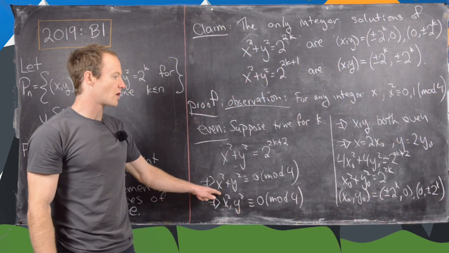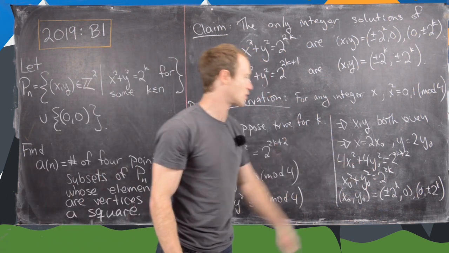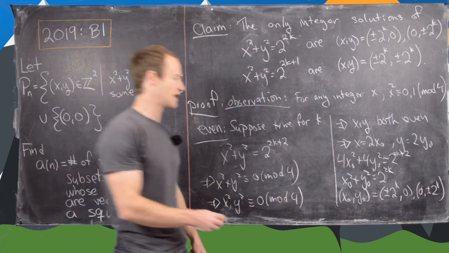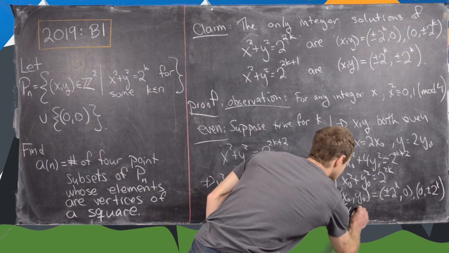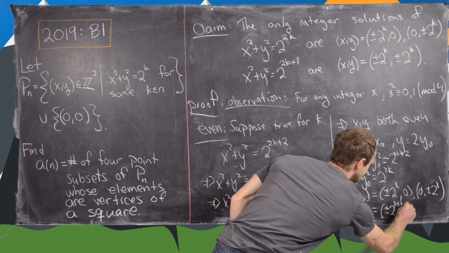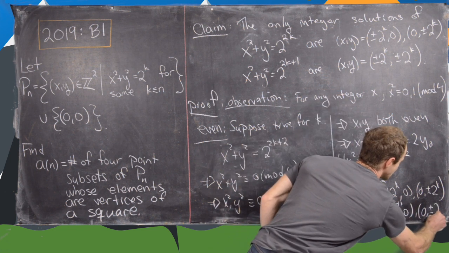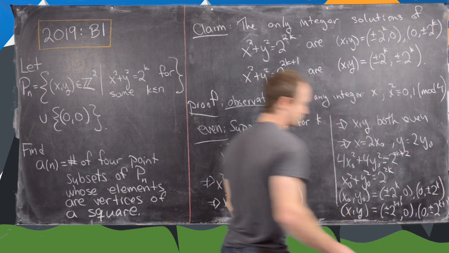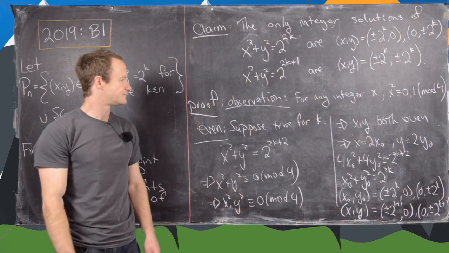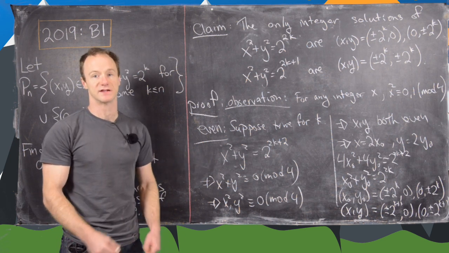But now recall that x and y were twice x naught and y naught, so that makes (x, y) equal to (plus or minus 2 to the k plus 1, 0) or (0, plus or minus 2 to the k plus 1), which is what we needed. Okay, I'll clean up the board and then we'll look at the odd part of this induction proof.